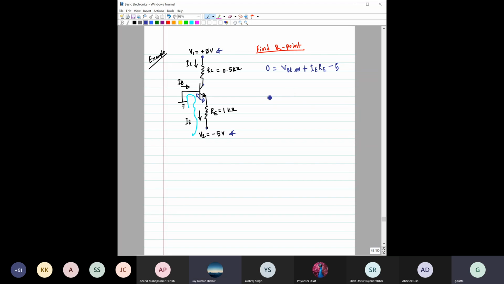Yes, sir. Okay. Then from here we can easily find the value of IE, right? If other things are given, say this V of BE is also given as 0.65 volt, we can also find IE. So can you please find IE from here?